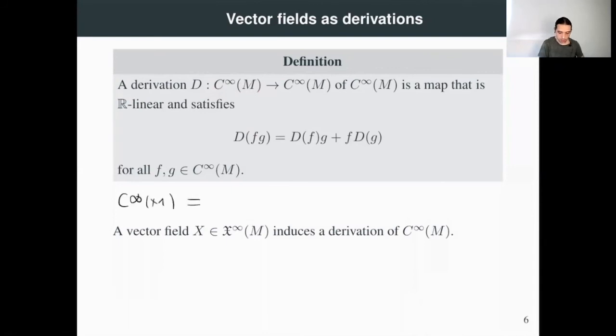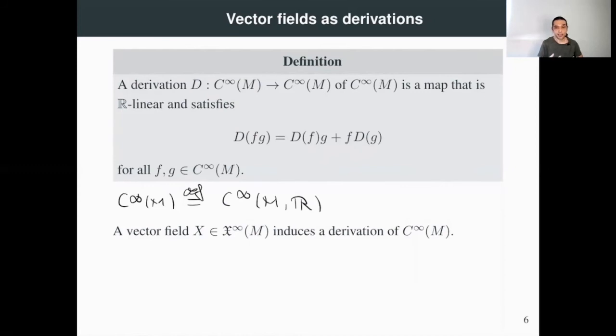It's just, by definition, the space of C-infinity maps from M to the line, okay? A derivation of this space is a map that is R-linear, this is a definition, and such that for every pair of functions, we have the Leibniz rule. The derivation of f times g is Df times g, plus f times Dg, okay?